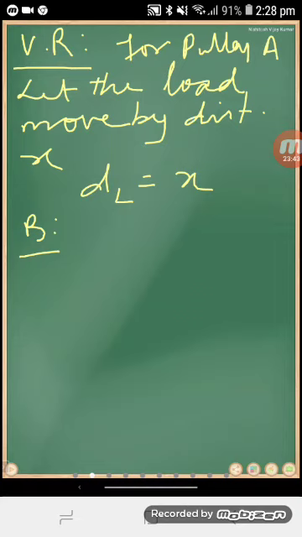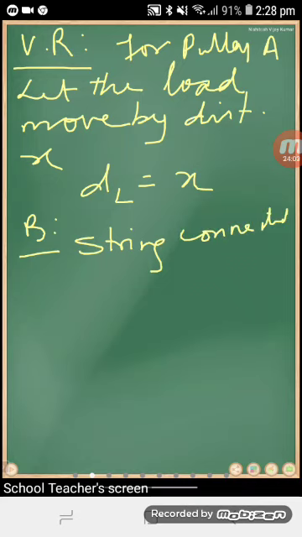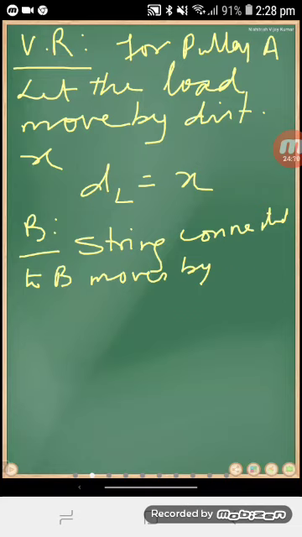Okay. So for pulley B, you can say that the string connected to B moves by distance 2 into x, that is 2x.